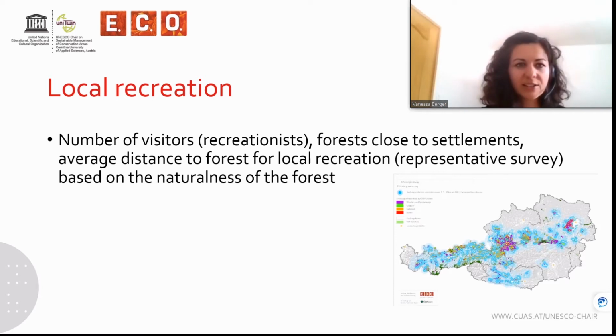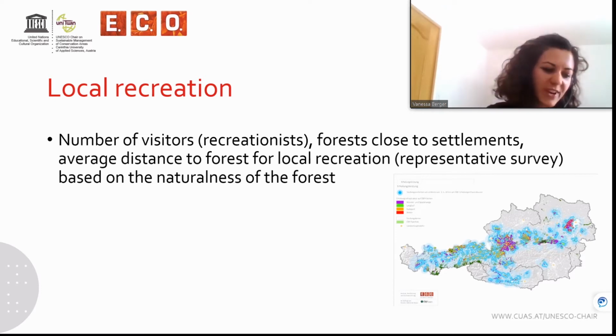In here, we calculated the average distance to the forest for the local recreation. This was based on the naturalness of the forest. So it's not only how far you can go and what you can do out there, it's also how natural the forest is. Do you like to see those forests, or is it a forest you do not want to recreate in?